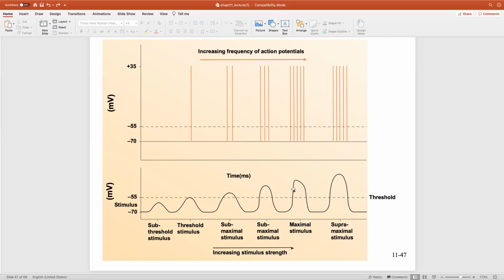As we recover from the first action potential, you hit the relative refractory period at minus 85. So what happens then? You have a second action potential because the stimulus strength is so great, 50 millivolts. You go from minus 85 to minus 55 immediately, and you trigger a second action potential almost as fast as you hit the relative refractory period.